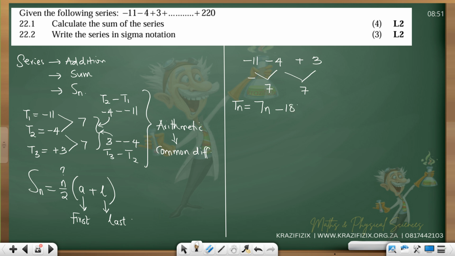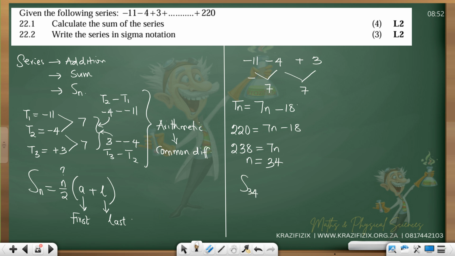That's my Tn, 7n minus 18. One step. Now 220 equals 7n minus 18. If we bring this here, what would this give us? 238. Now let's divide. How many terms are here? 7 in 23, that is 3. And then we have 28, we have 4. So there are 34 terms. Oh, so I'm done now.